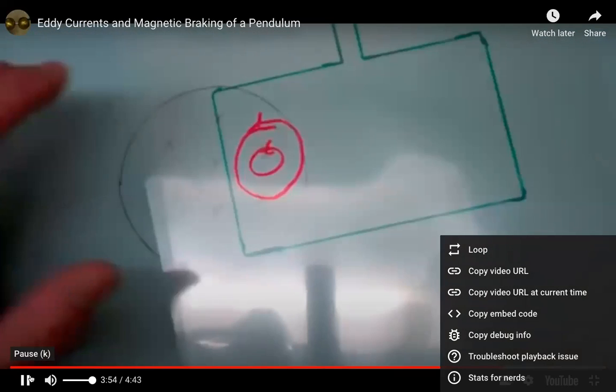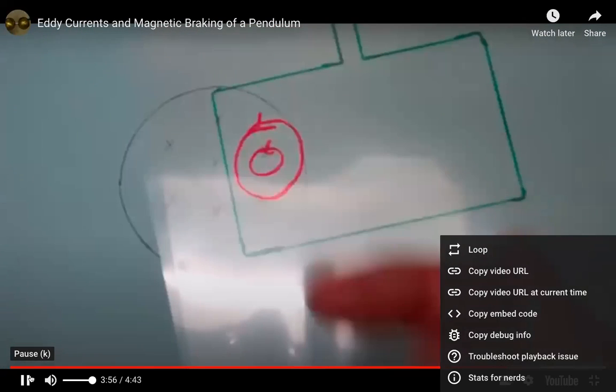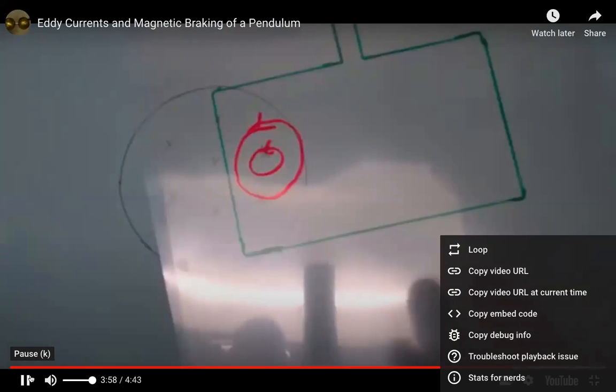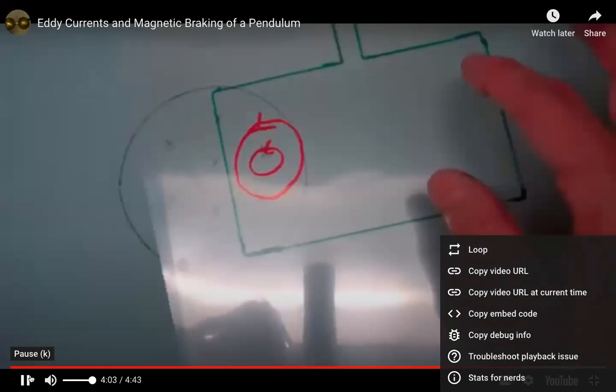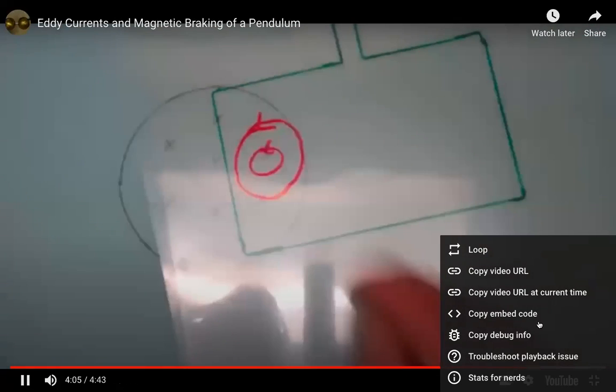So that's going to generate a magnetic field that's coming out of the page and opposing the increasing field into the page due to the aluminum sliding into the field.